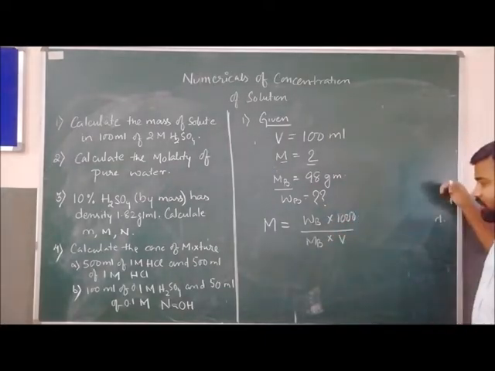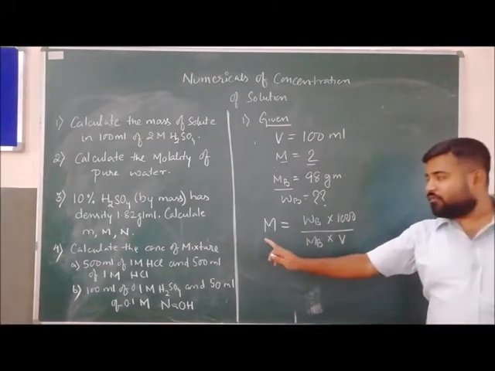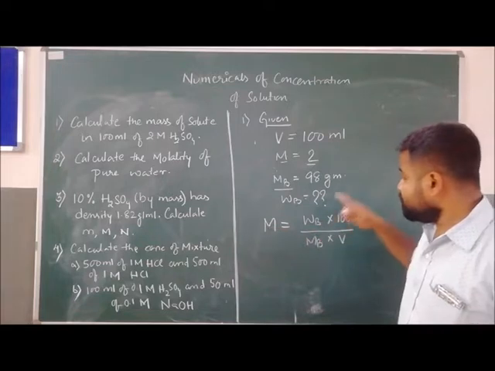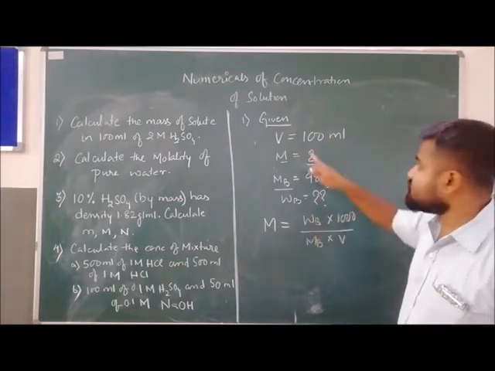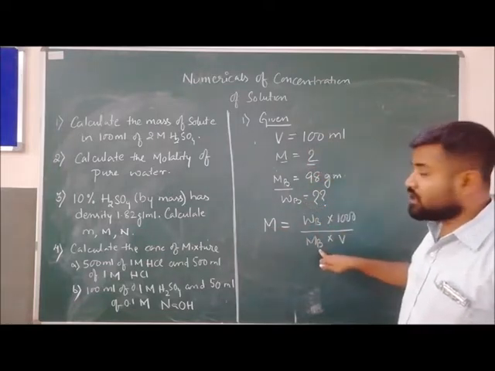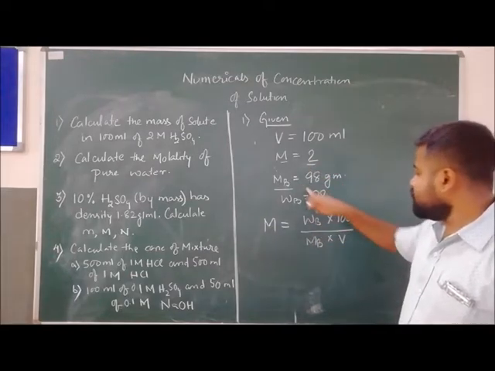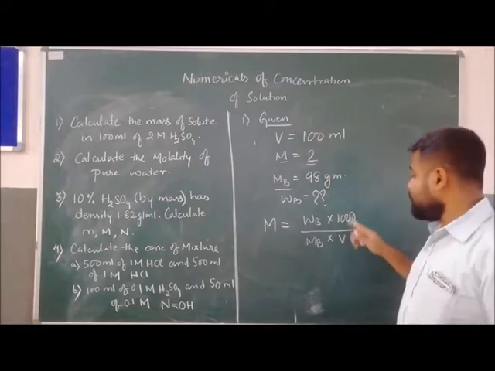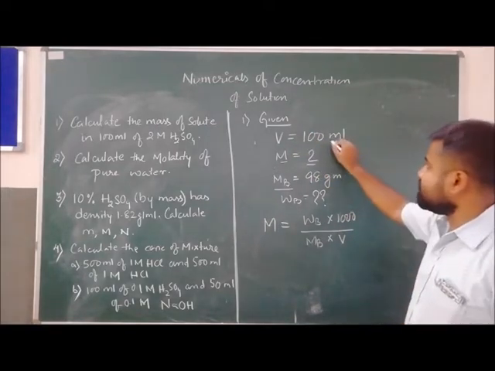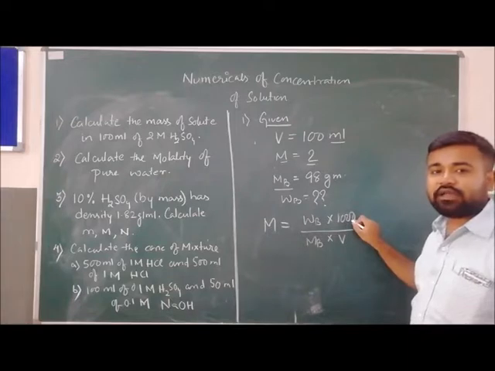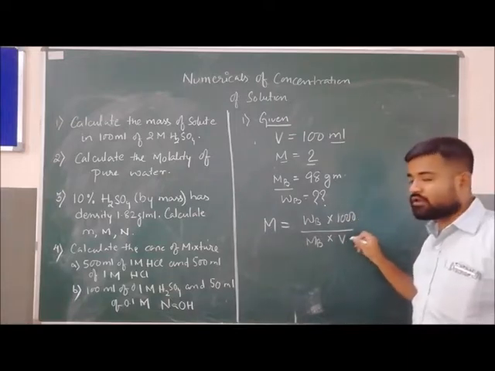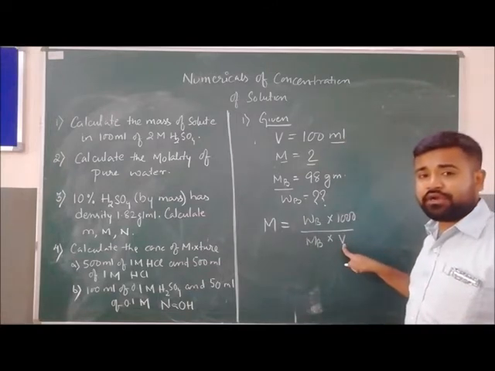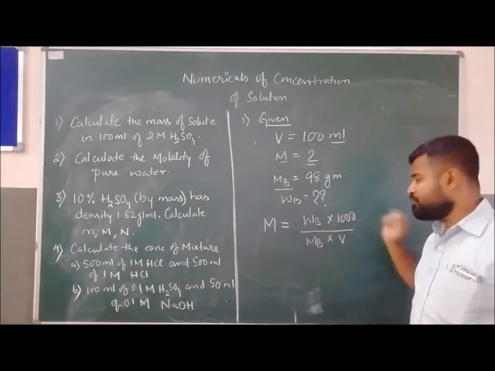Molarity is equal to the given mass of the solute, Mb is the molar mass of the solute, V is the volume of the solution, and into 1000. I have told you that whenever the volume is given in ml we have to multiply by 1000, because the volume is always in terms of liter. So if ml is there we have to convert it into liter, and that's why I have multiplied by 1000.